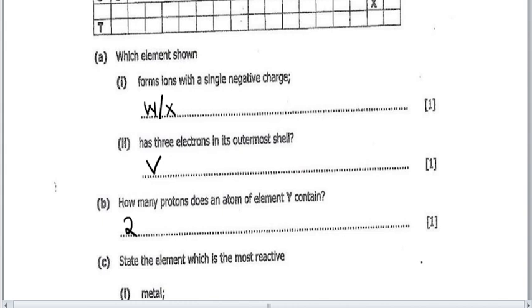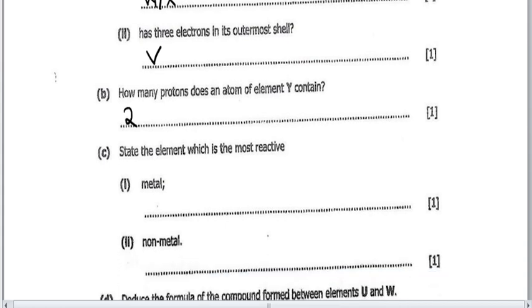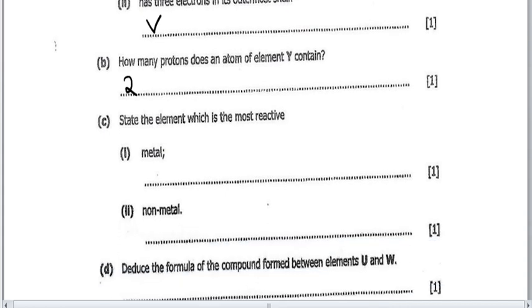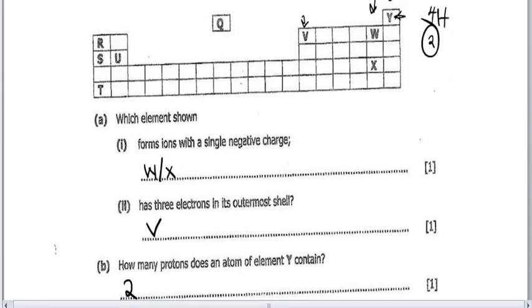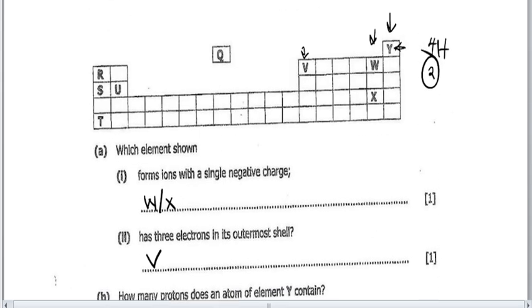Then state the element which is the most reactive metal and the most reactive non-metal. So the most reactive metal is francium, the one found furthest down group 1. The most reactive non-metal is fluorine, found on top of group 7.